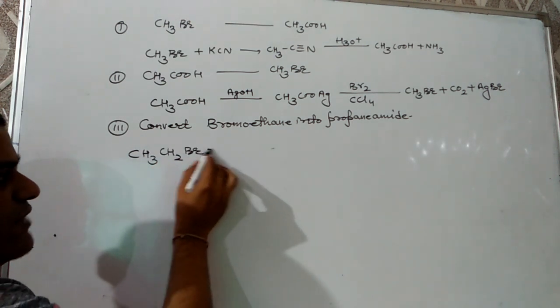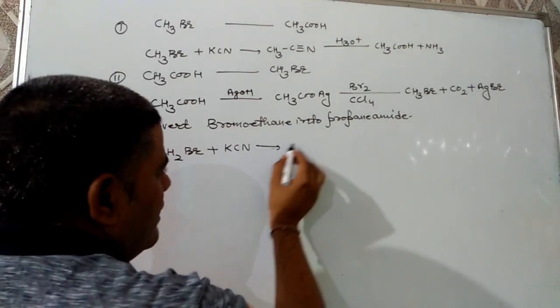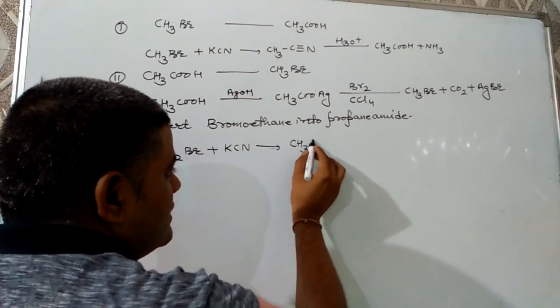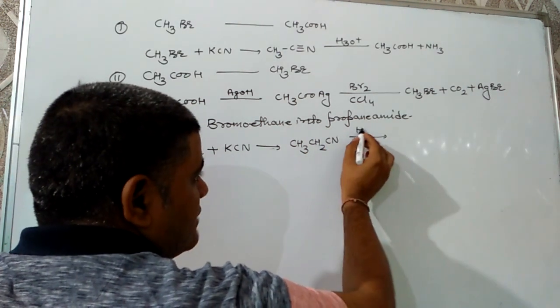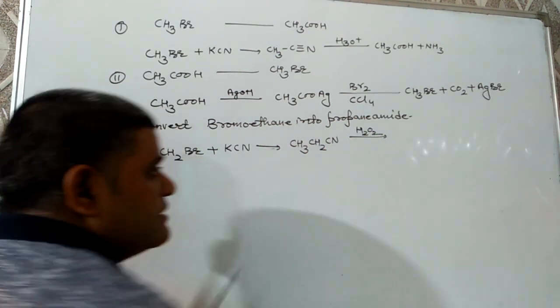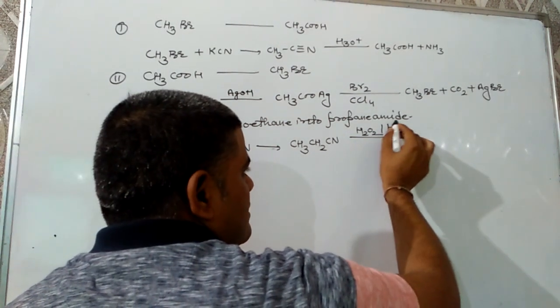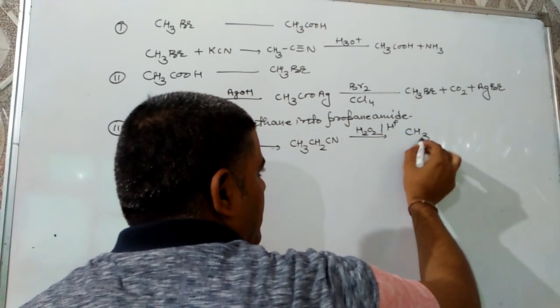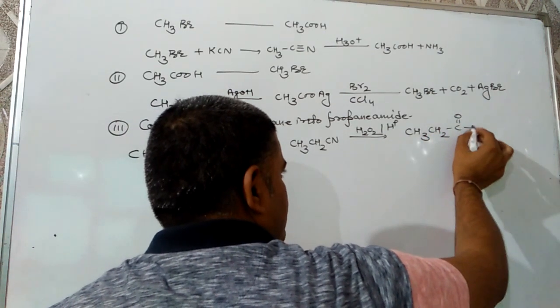We have to increase one carbon, so we add KCN to it. The product formed will be CH3CH2CN. Now since an amide is required, we have to do partial hydrolysis with H2O2 in presence of concentrated acids. So the product formed will be propanamide, CH3CH2CONH2.